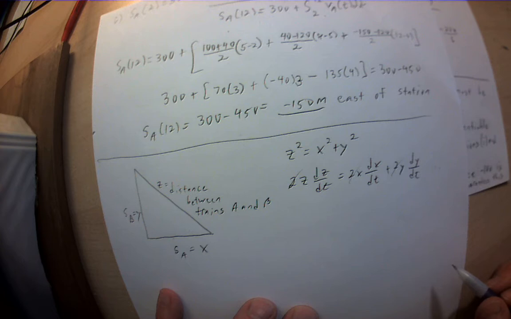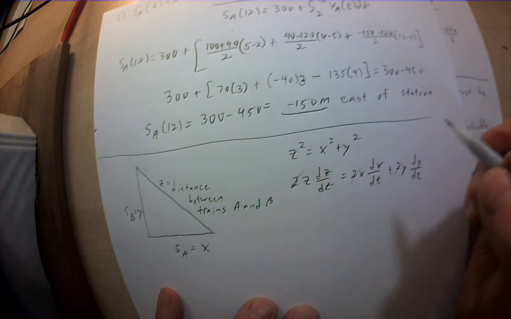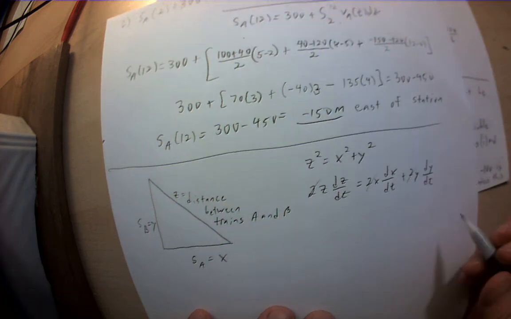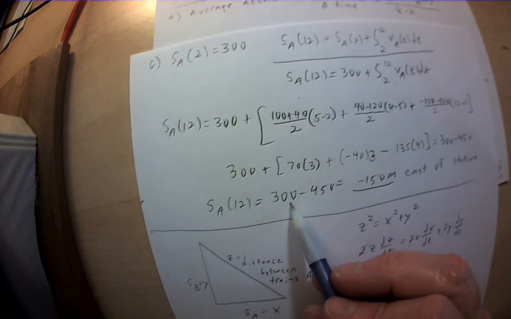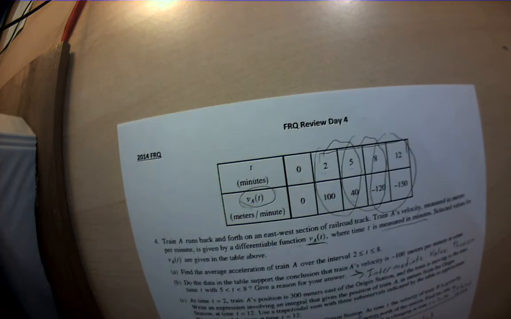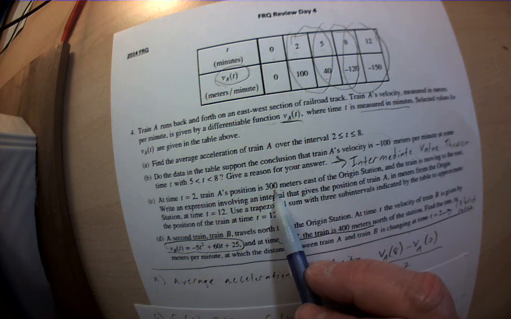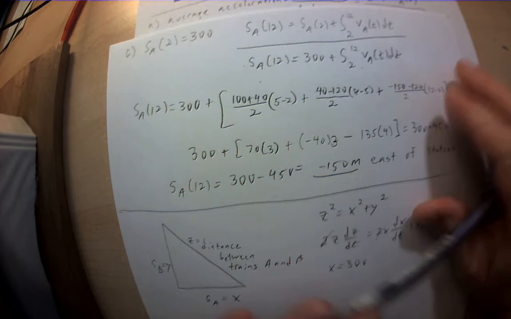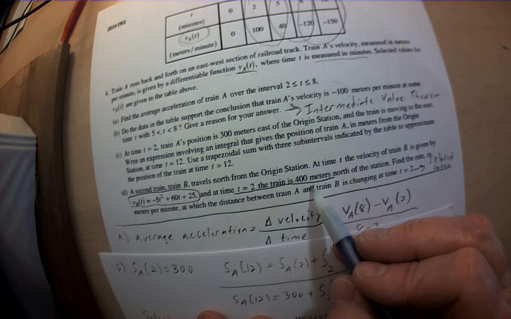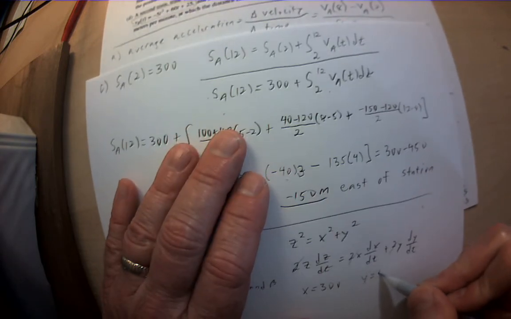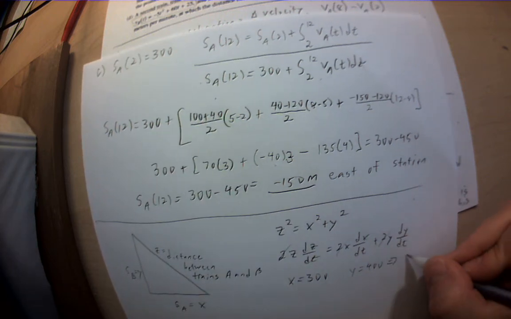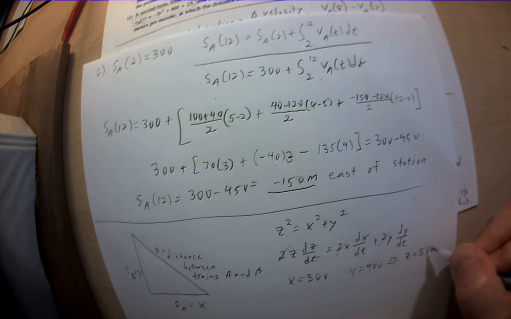So what do I know? They told me x is 300 meters east of the station. At time 2, the train is 300 meters east, so I know x equals 300. In this problem, they told me y equals 400. They're very nice, it's a 3, 4, 5 triangle, so z equals 500.